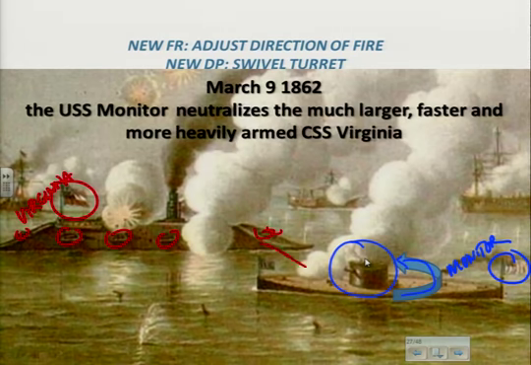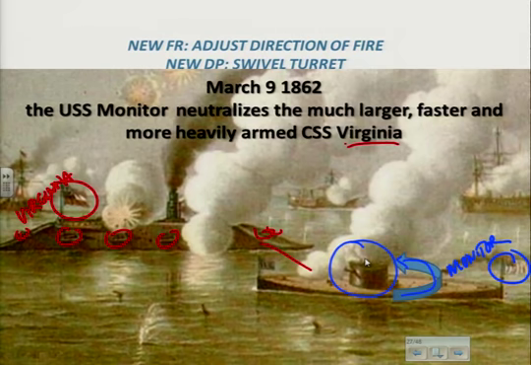And right here, at about 45 degrees off the bow and the stern, the Monitor can't, or the Virginia rather, cannot fire at a ship.